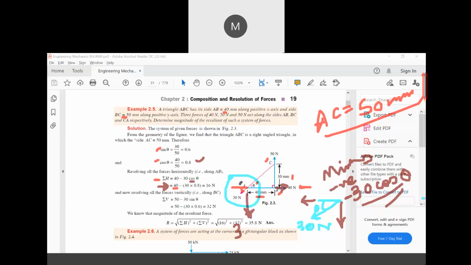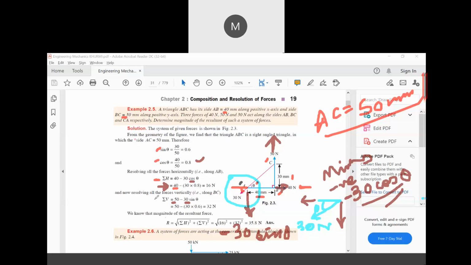But if you see, it is in this direction, while the original vertical force, which is 50 Newton, is in the upward direction. Upwards will be positive, no? So we consider this 50 as positive, and since 30 sin theta is in the opposite direction, we put a minus sign in front of it. Is it clear?